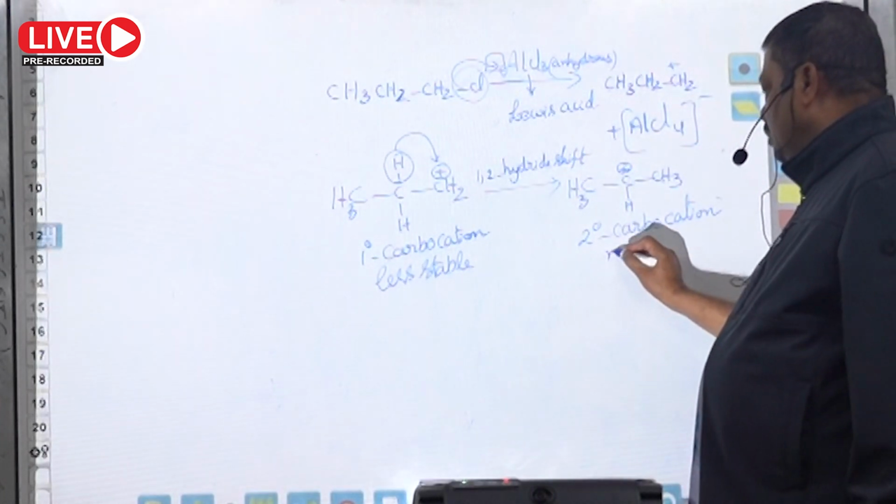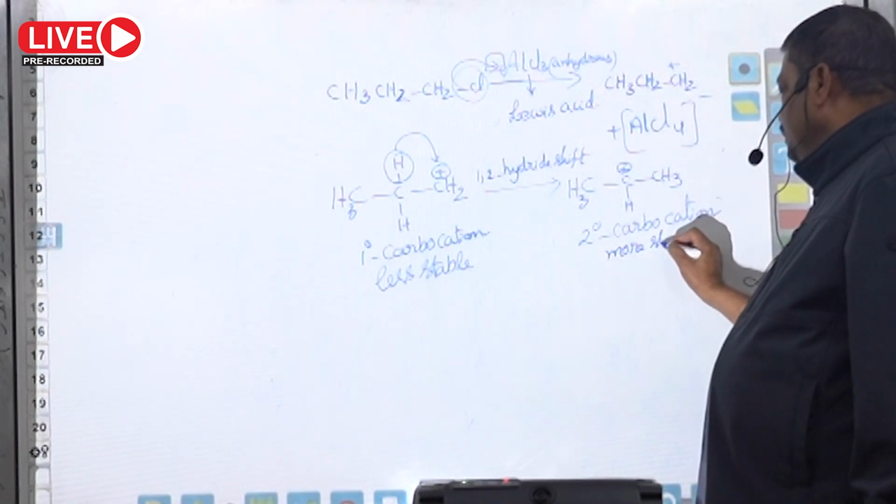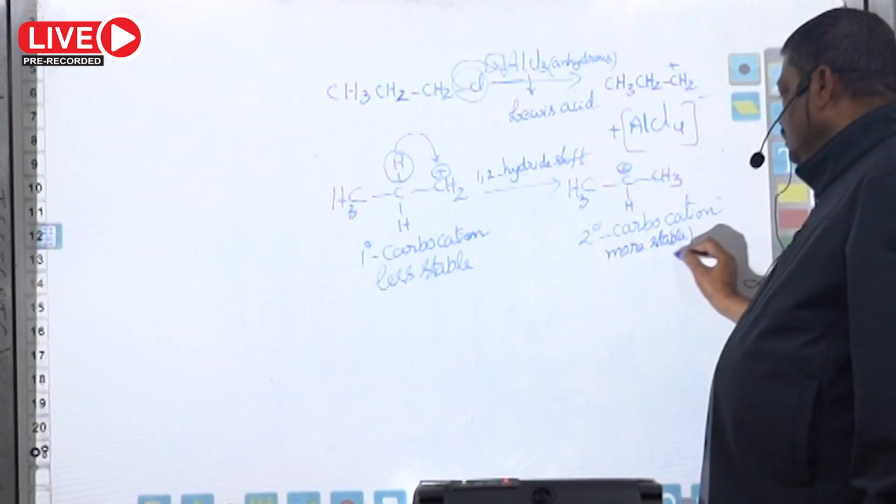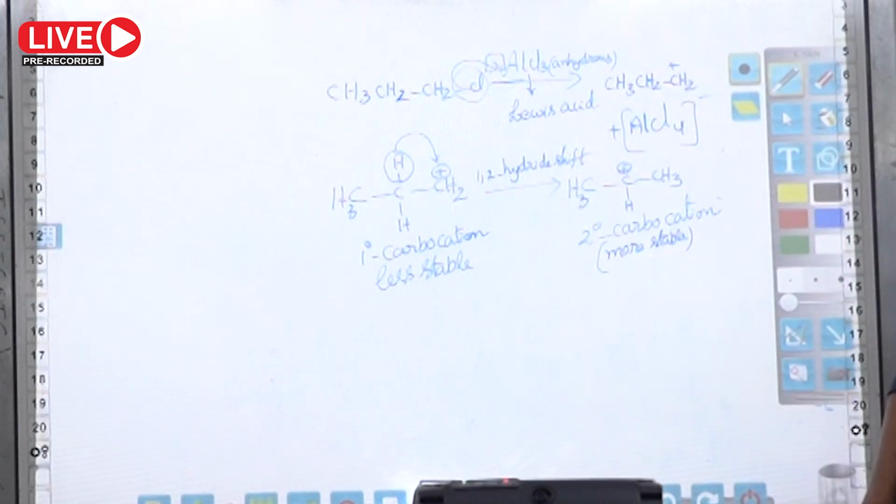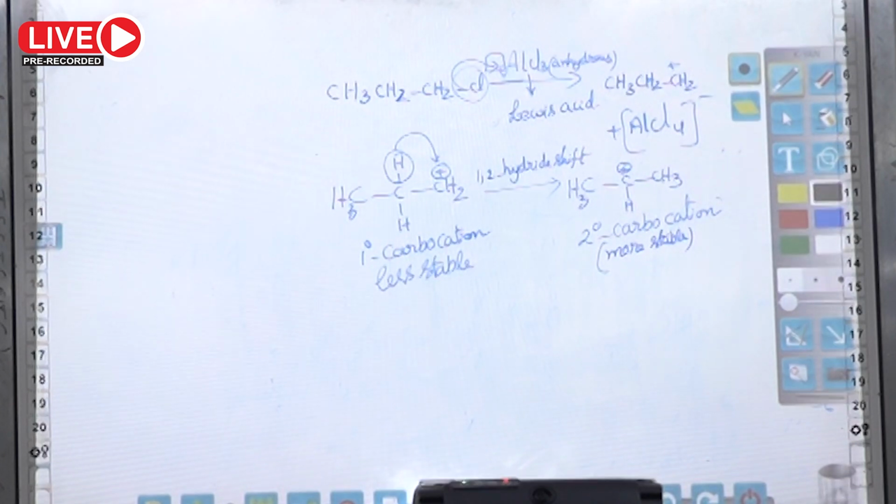Now the secondary carbocation is more stable. Why is secondary more stable than primary? Due to 2 factors: plus I groups, or more number of hyperconjugative structures. What is hyperconjugation? Sigma-P overlap.